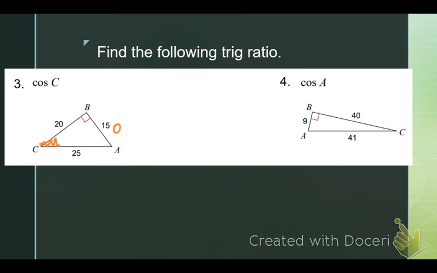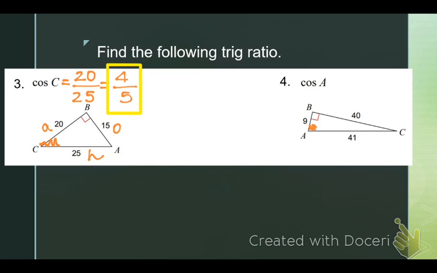What's the hypotenuse? 25. So then what's my adjacent? 20. Remember that cosine is adjacent over hypotenuse. So what's my adjacent? 20 over my hypotenuse, which is 25. What does this reduce to? Popular today. I promise it's the last time, I think.